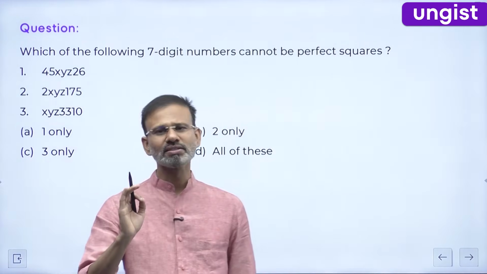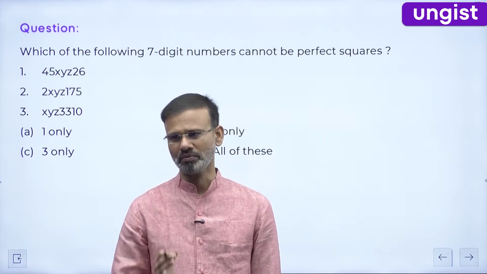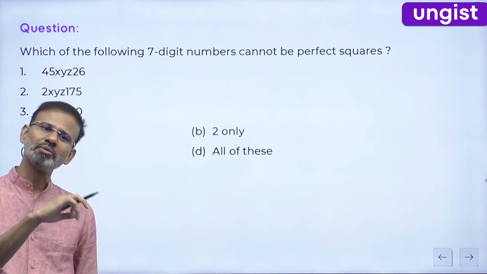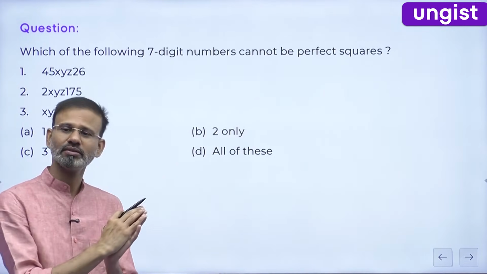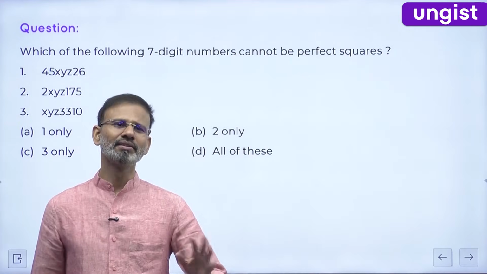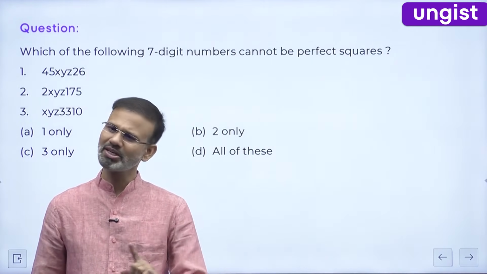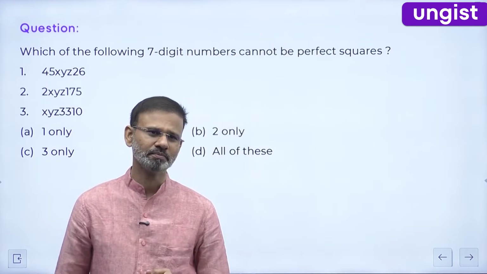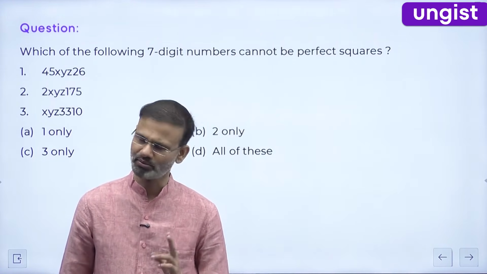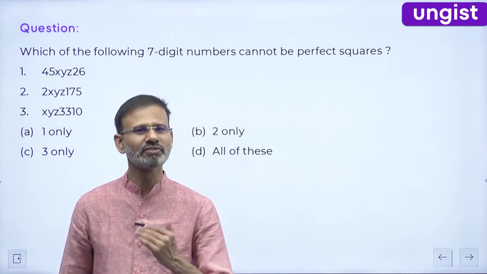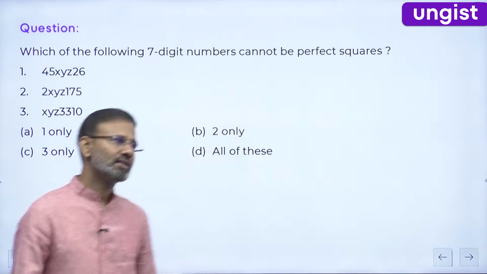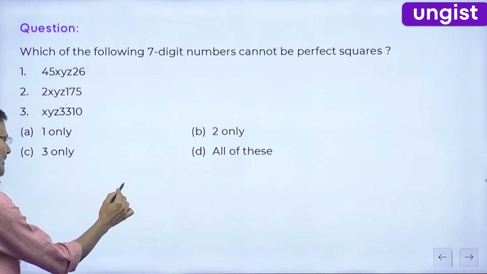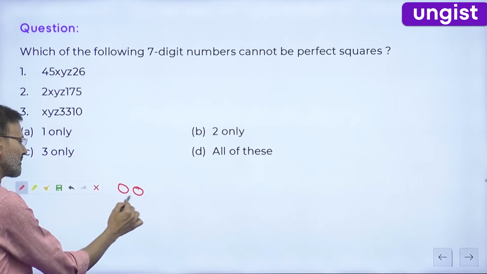If a perfect square is ending with 0, it will be the square of which number? It may be the square of a multiple of 10: 10, 20, 30. What is the square of 10? What is the square of 20? What is the square of 30? 900. See everyone, the square will end with 2 zeros.